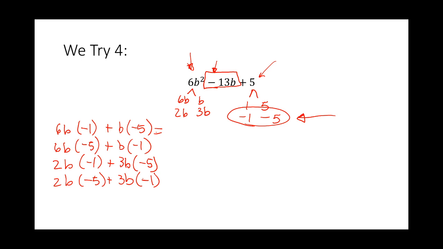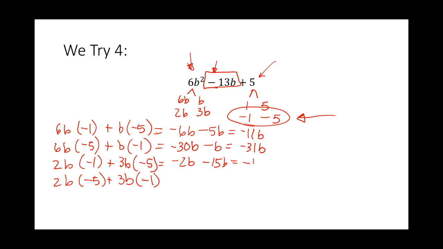6b times negative 1, that's negative 6b. b times negative 5, that's minus 5b, which is negative 11b. 6b times negative 5 is negative 30b, plus negative b is negative 31b. 2b times negative 1 is negative 2b. 3b times negative 5 is minus 15b, which is negative 17b, so we're almost there.